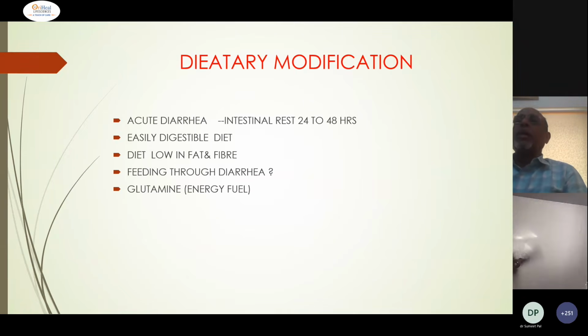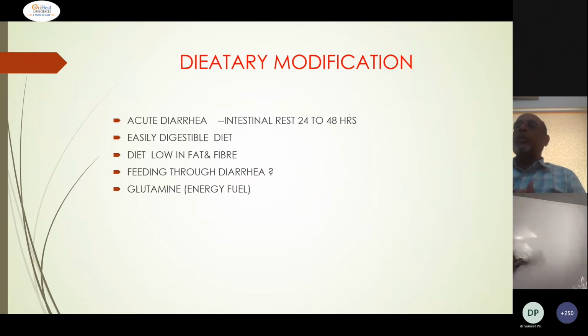For example, boiled rice and chicken are excellent for small animals, especially dogs, because this diet does not evoke acid production. Because if acid is produced, in already inflamed small intestines and stomach mucosa, this acid production will further aggravate the inflammation. So chicken and rice is an excellent choice after acute diarrhea.